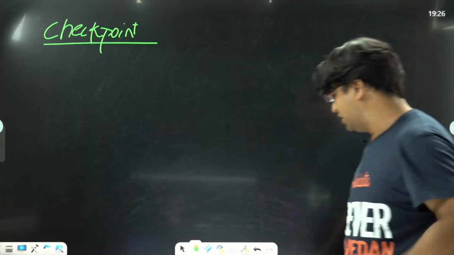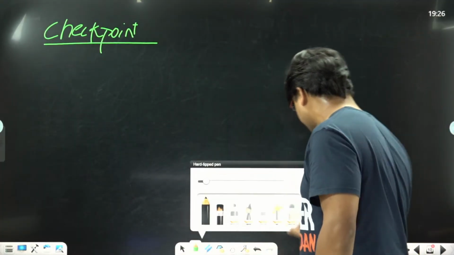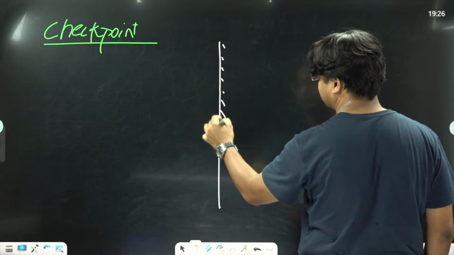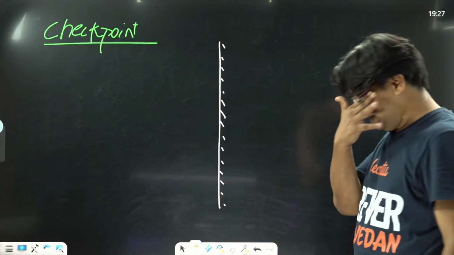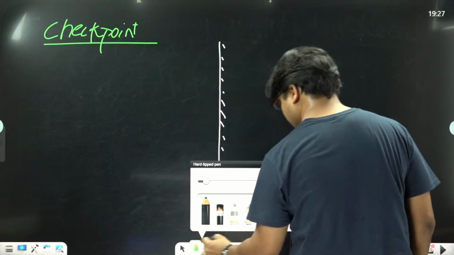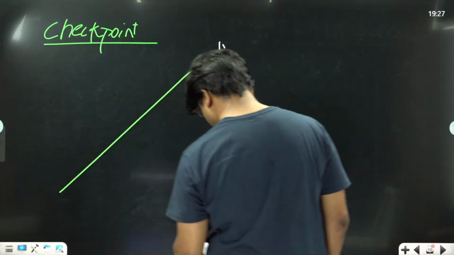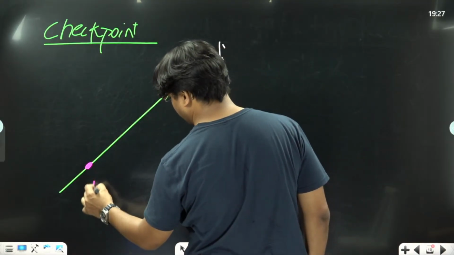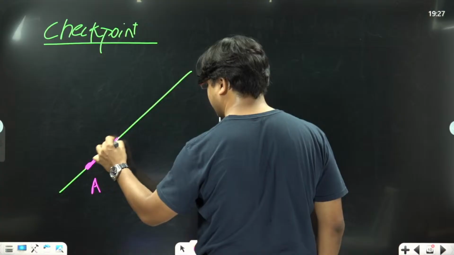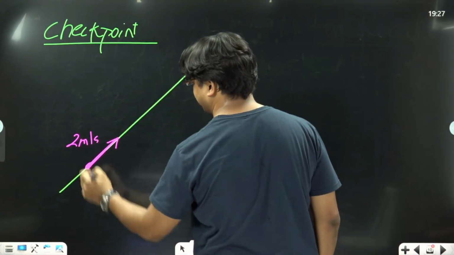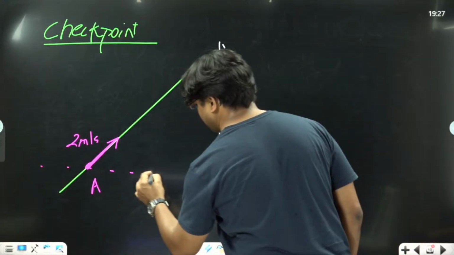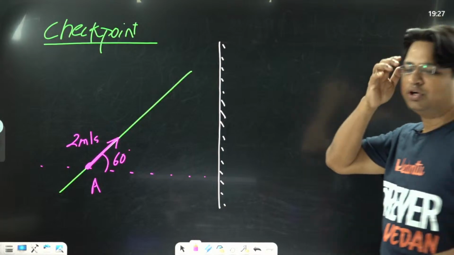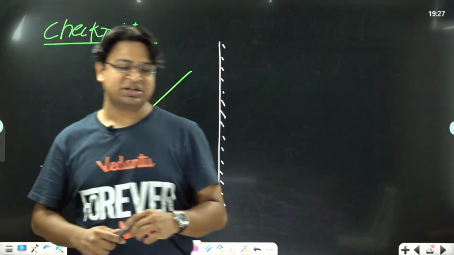So this is a plane mirror, and this is a straight line, and on this straight line there is an insect A, and this insect is moving at a speed of 2 meters per second, and let's say this angle is 60 degrees. I want you to talk about the speed of the image.